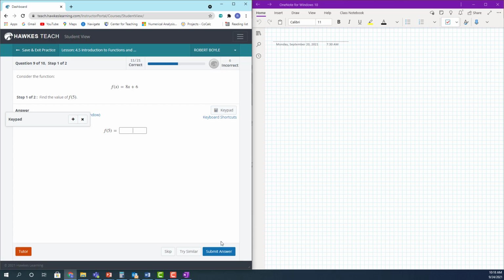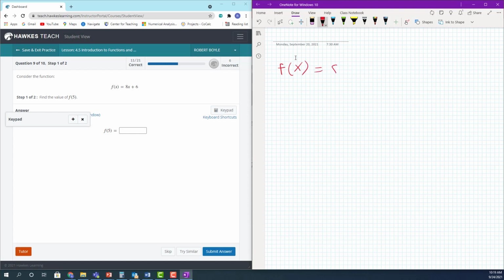All right, and then the final types of problems that you're going to have are these problems right here, where we have to find the value, in this case, of f of 5. So we had the function f of x, which basically can be read as f of x, which is a function of x, is equal to 8 times x plus 6.